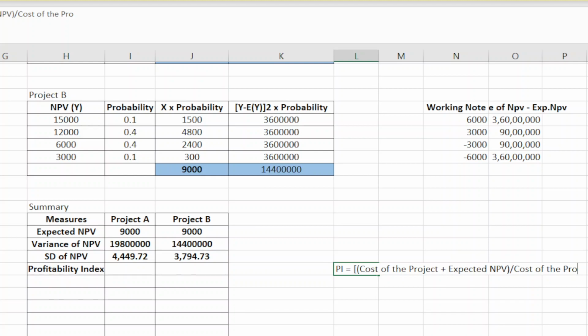So square bracket: cost of the project plus expected NPV, divided by cost of the project.